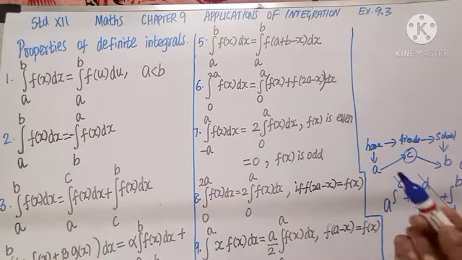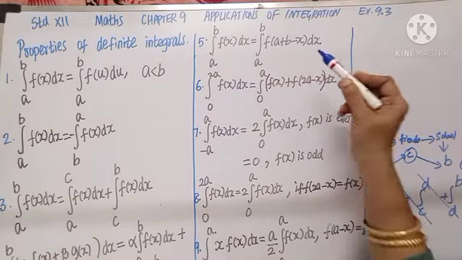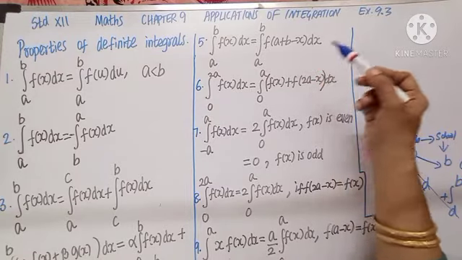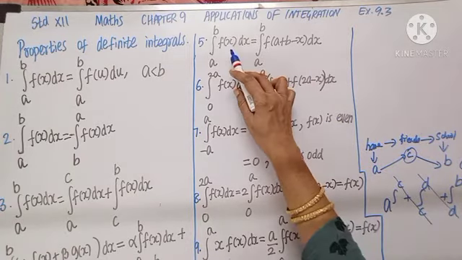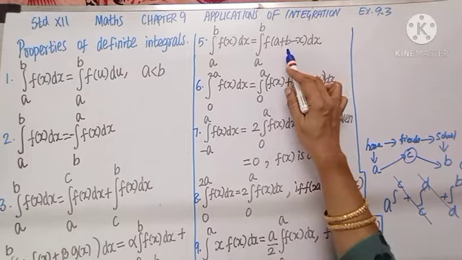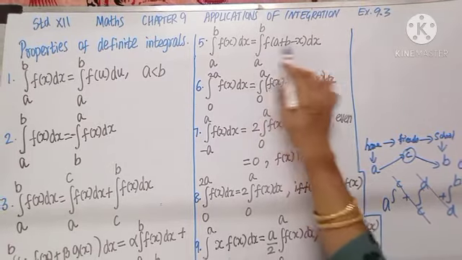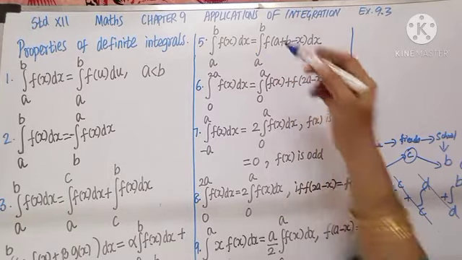Sine will become cos and cos will become sine. So these are the ideas which ease our calculation. Wherever x is coming, you can very well substitute a plus b minus x. There is no change in dx or integral or the limits.